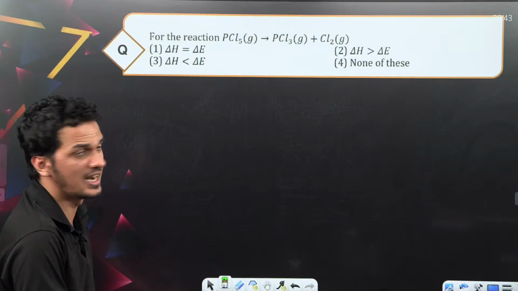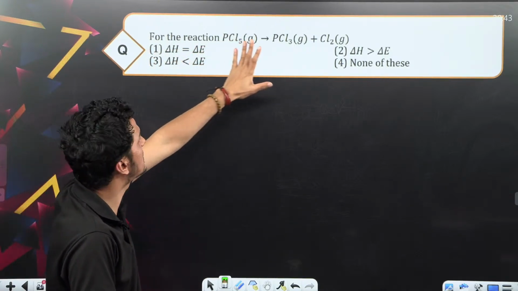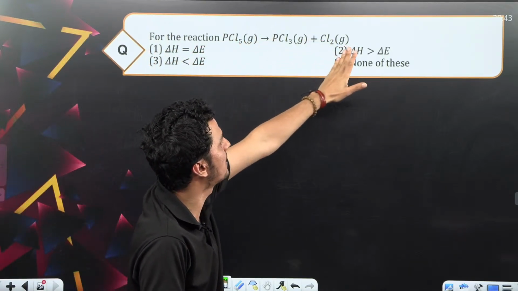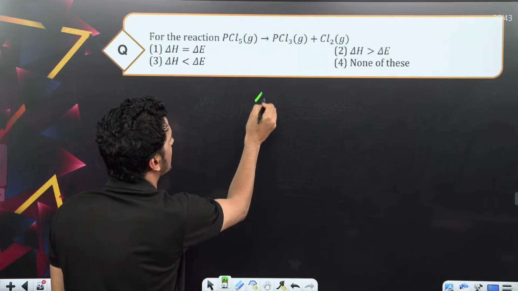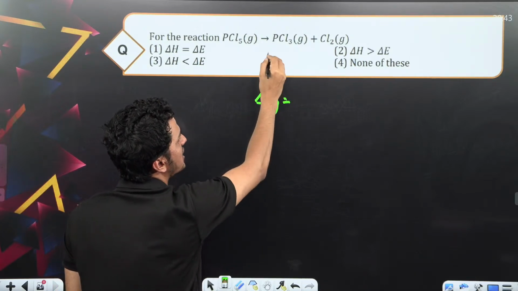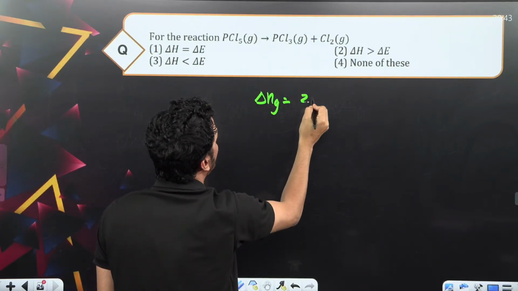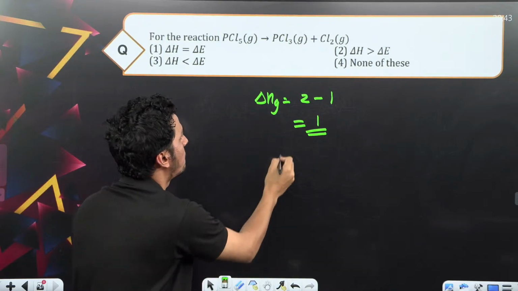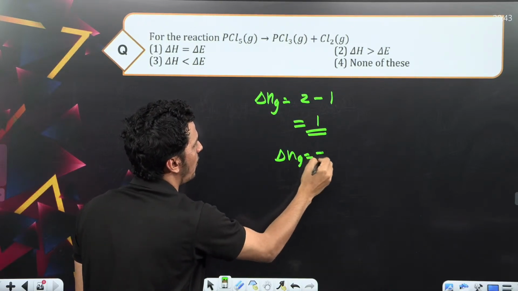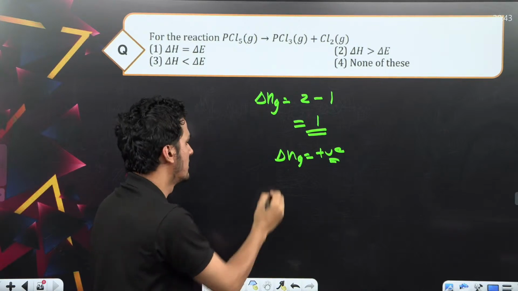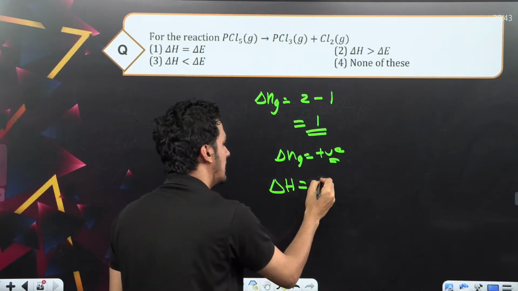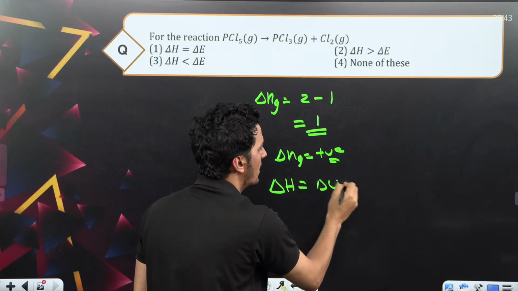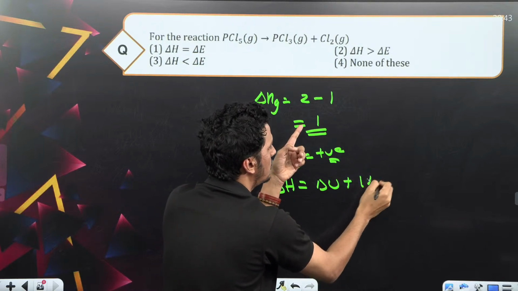Okay, ready? And the next question, for the reaction PCl5 gas gives PCl3 plus Cl2. Here delta Ng equal to 1 plus 1, 2. 2 minus 1, that is 1. Delta Ng is positive. Obviously delta H equal to delta U plus 1 into RT.